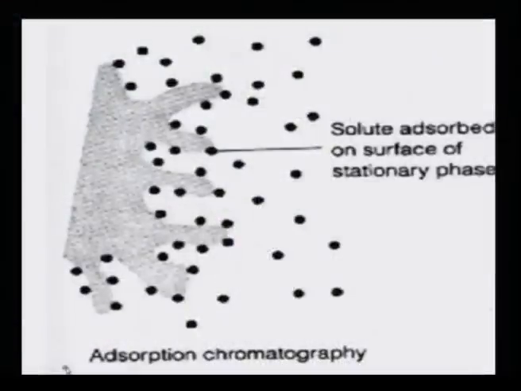Otherwise, if it just sits there and does not move with the help of the mobile phase, it will be of no consequence. Another pictorial description of adsorption shows how the solutes are adsorbed onto the surface of the stationary phase.